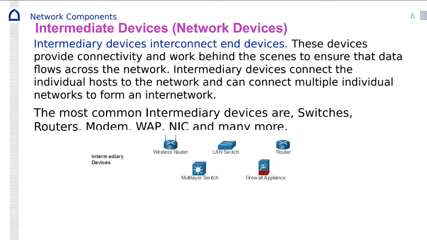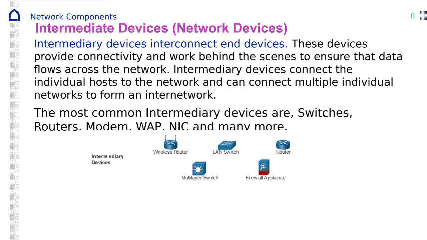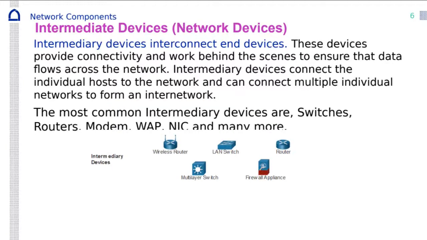Intermediate devices, or network devices, interconnect the end devices. These devices provide connectivity and work behind the scenes to ensure that data flows across the network. They connect individual hosts to the network, and they can connect multiple individual networks to form an internetwork.